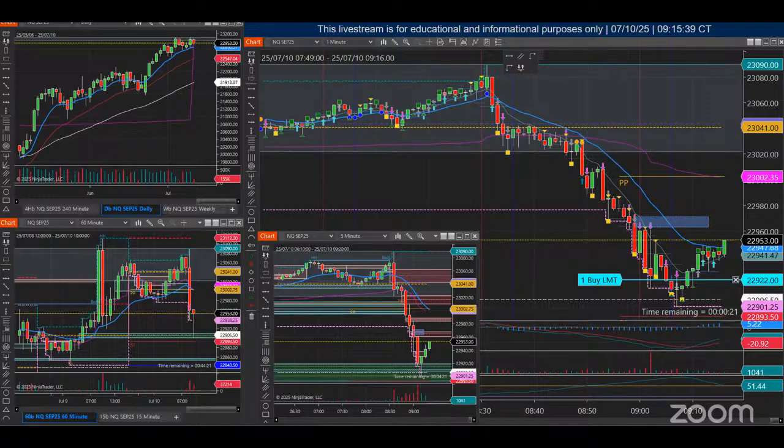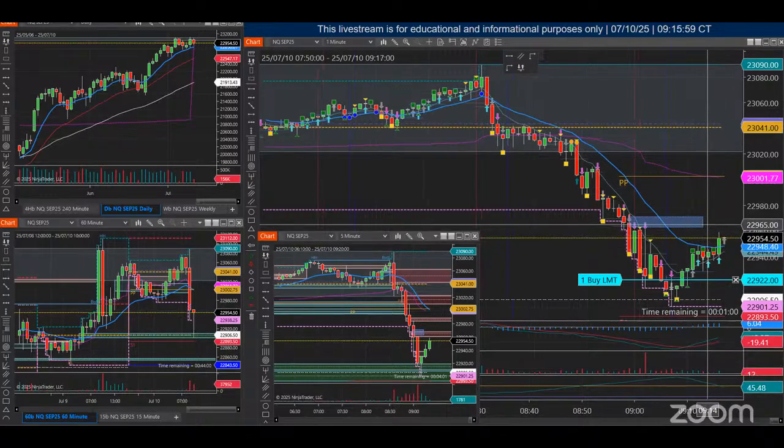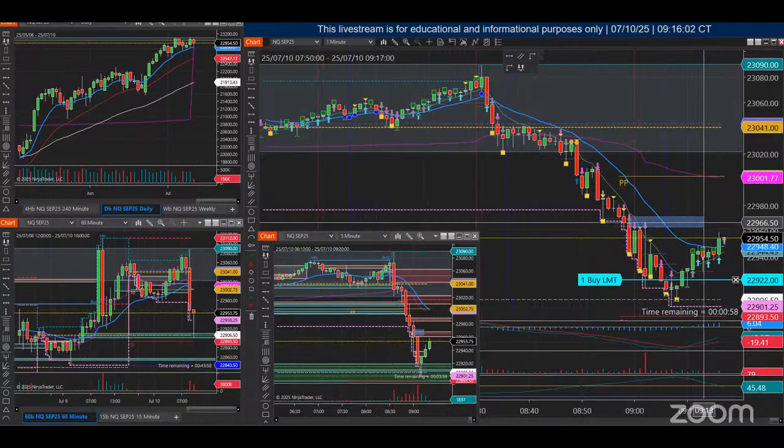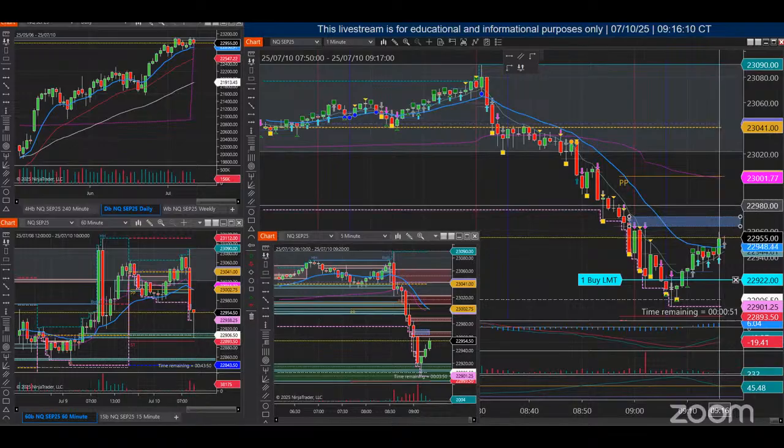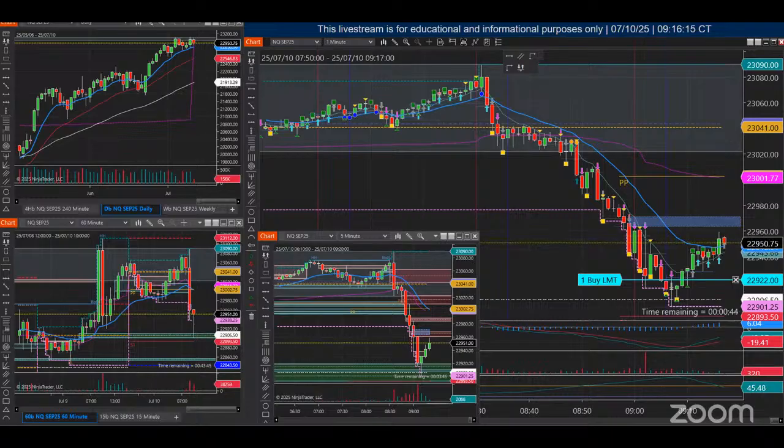So clear breakout to the upside. So there may be some liquidity supply zone here potential, but it can break through that.